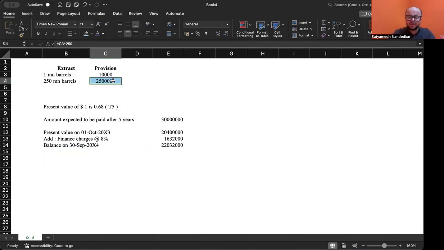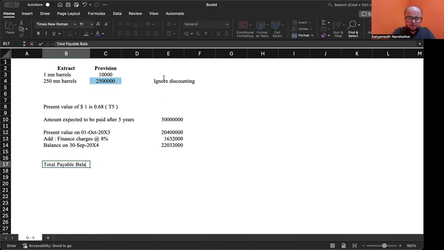And this amount is static. They have specifically said ignore discounting. So don't add the discounting element for no reason. So this amount will remain the same. So what is the total payable balance on 30th of September 2004?